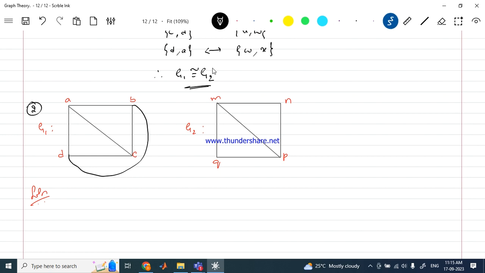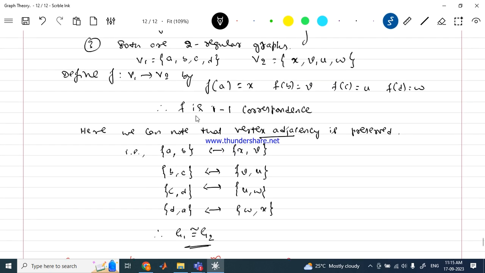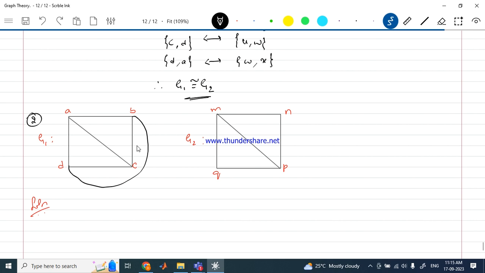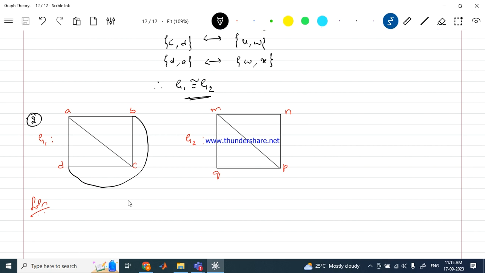You can note that the number of vertices matched: A, B, C, D, M, N, P, Q. And you can define a one-to-one correspondence: f of A is M, f of B is N, f of C is P, f of D is Q. That can be done. But if you count the number of edges, it is not matching.